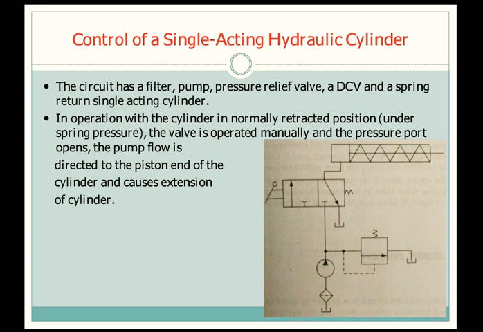When the piston has to be moved in the forward direction, it is operated by using a pressure pump. It consists of a pressure pump, and the hydraulic circuit is shown in the figure. It consists of two units. One is where the pressurized oil is directed from the sump to the piston end of the cylinder.